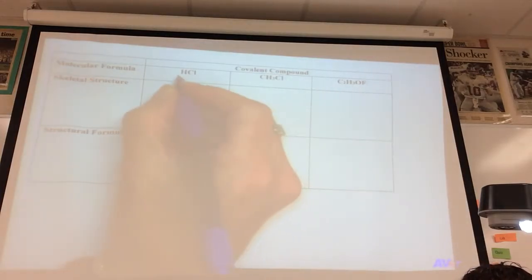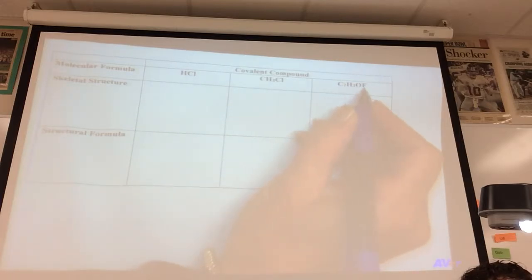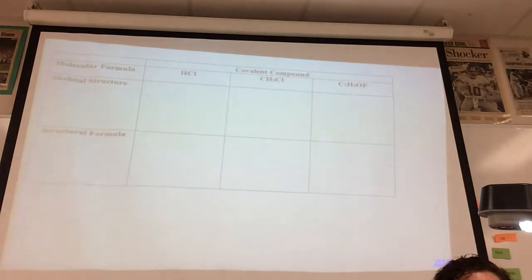HCl, you know you have one H and one chlorine. CH3Cl, one C, three H's, one Cl. C2H3OF, you've got two carbons, three hydrogens, one oxygen, and one fluorine. The molecular formula tells you which atoms comprise the covalent compound and how many of each you have.